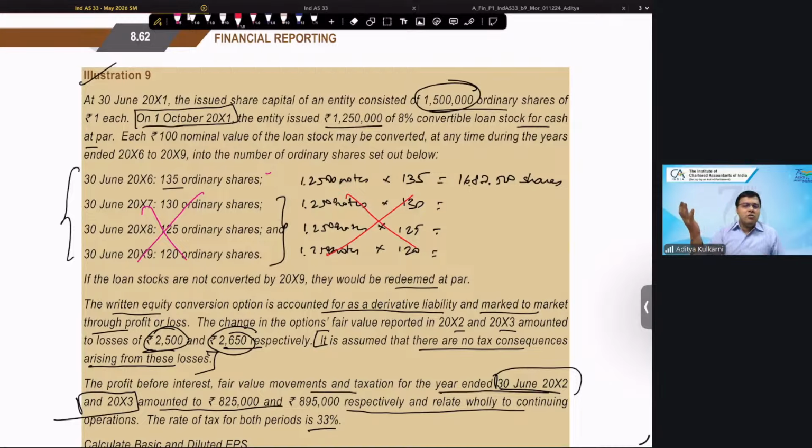Generally, the way I look at OCI is items which typically do not remain in your control, strictly speaking. Fair value movements. It's not in your control. Revaluation. Again, it happens with reference to fair value, not in your control. Actuarial assumptions change. Demographic changes.